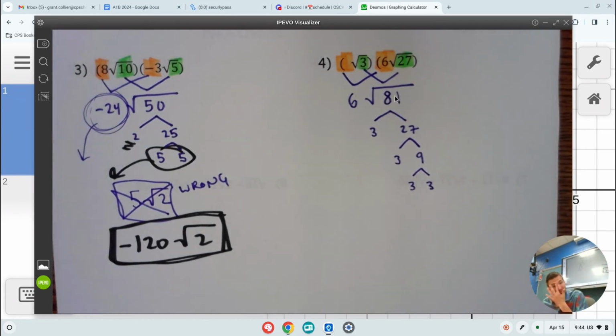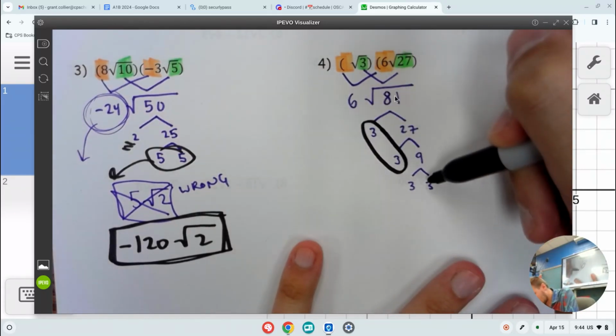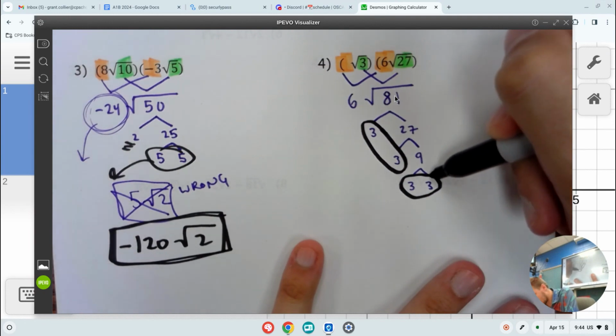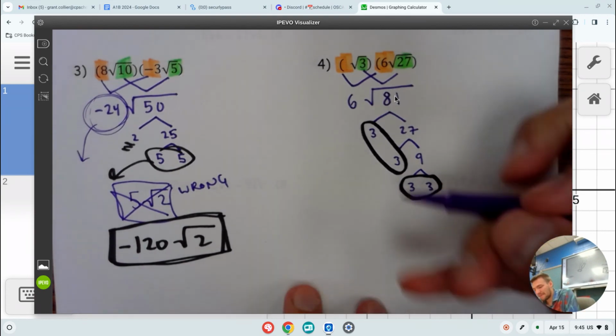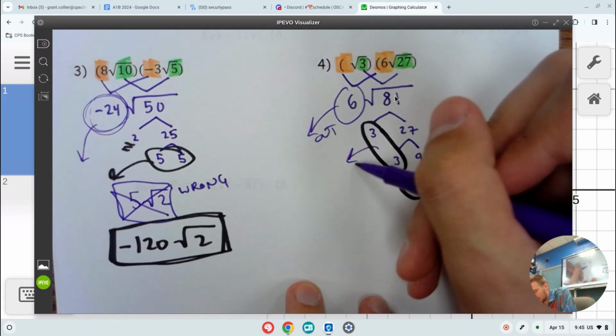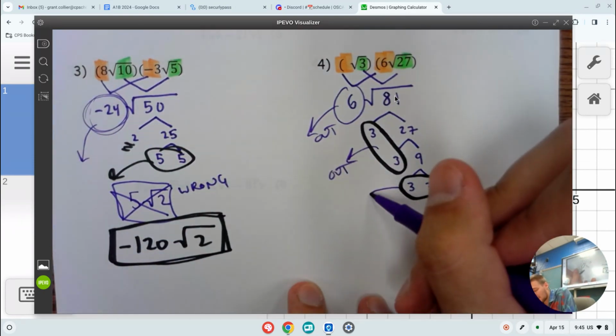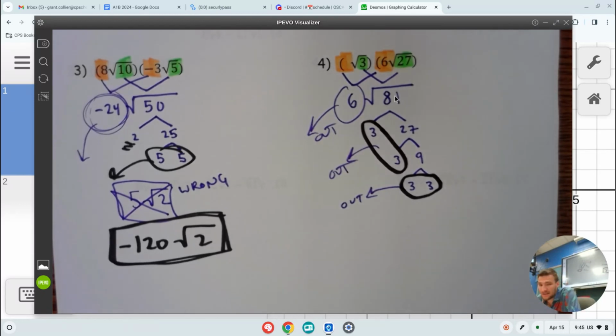Now when I do this question, and we're finishing this up, I'm thinking to myself, well, 3 and 3, 3 and 3, do we have anything that is left over? Do we have anything that needs to stay inside? No, that means the 6 is on the outside, and the 3 is on the outside, and the 3 is on the outside, and there's absolutely nothing on the inside.